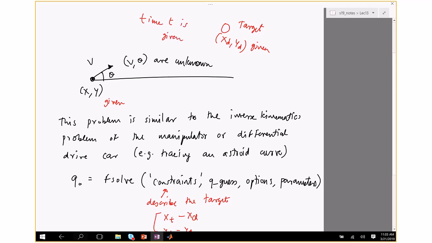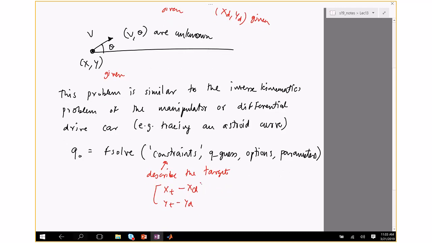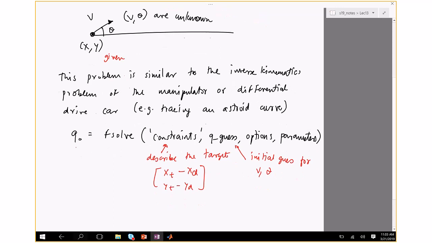So you want to hit the target at a specific time. This is your initial guess for v and theta. Options and parameters are the same as previous, and this is going to be a solution, v and theta. It actually has some more parameters. Exit flag, if you remember, tells you if the solution was found or not found.